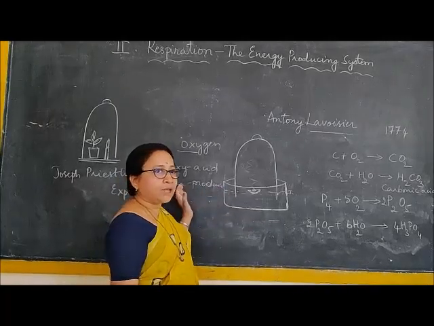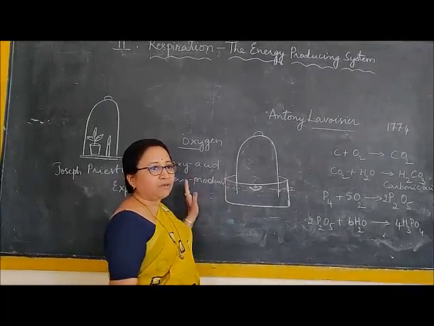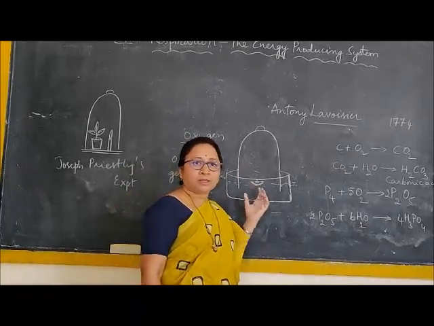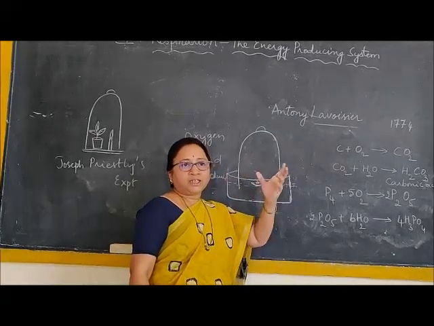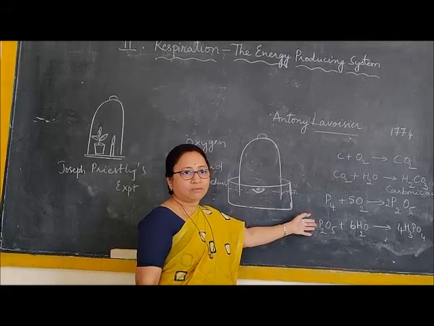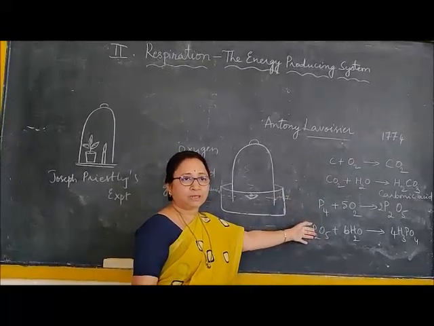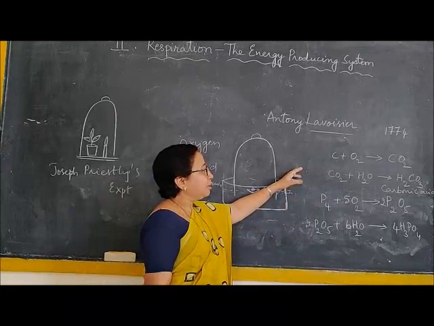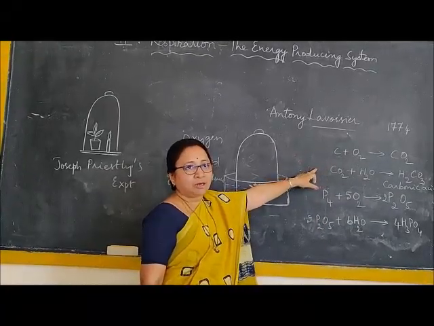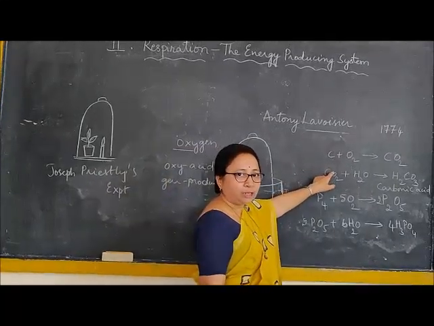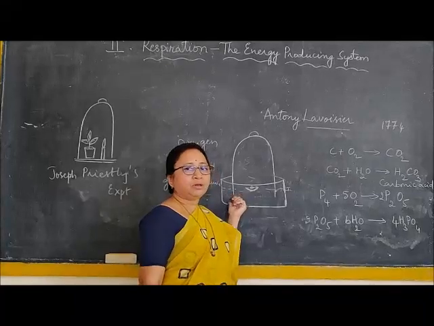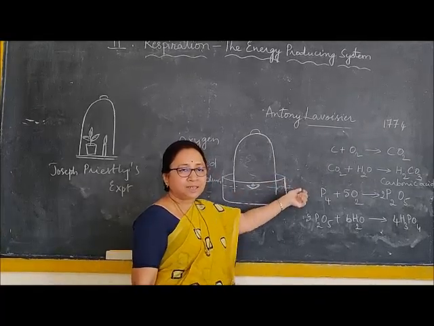So he repeated these activities with the help of breathing also. He arranged a mask to his person and collected the vitiated air, meaning the exhaled air, and blew it into the lime water, which converted the lime water into milky. So by correlating with activity 1, the burning of charcoal, which released carbon dioxide and converted the lime water into milky, forming a chalky acid gas, the same way, during breathing also, the exhaled air contains the same component.